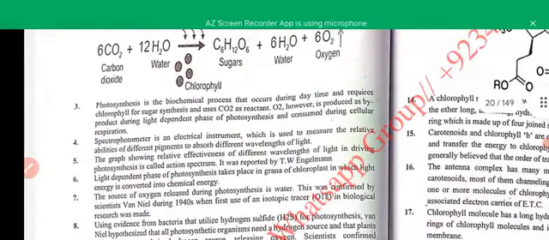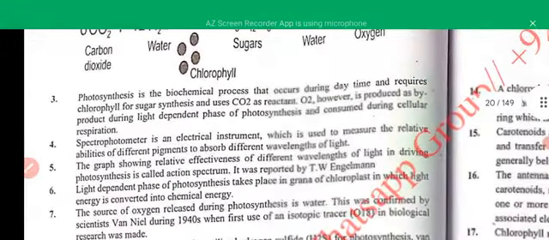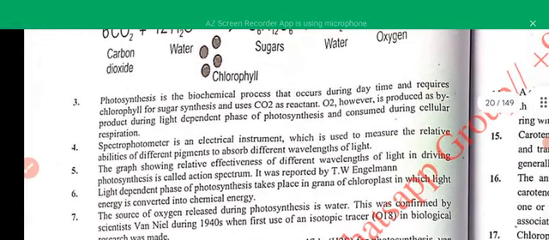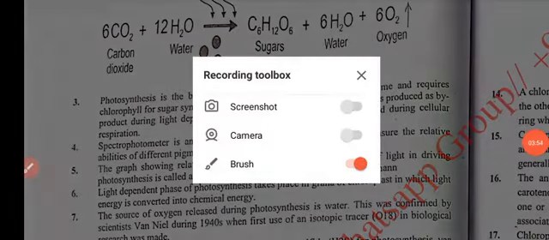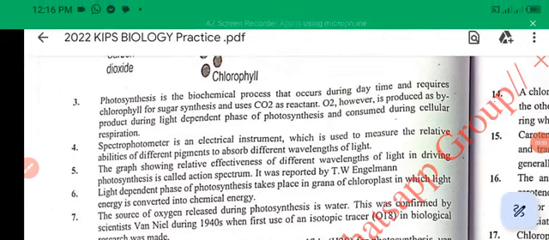We have to follow the explanation. A spectrophotometer is an electrical instrument used to measure the relative ability of different pigments to absorb different wavelengths of light.